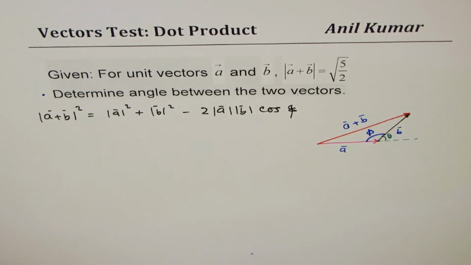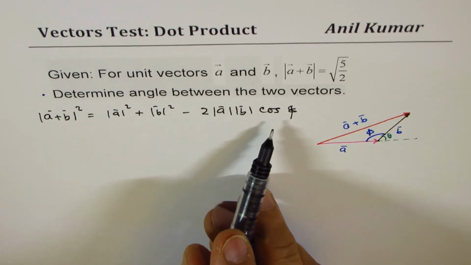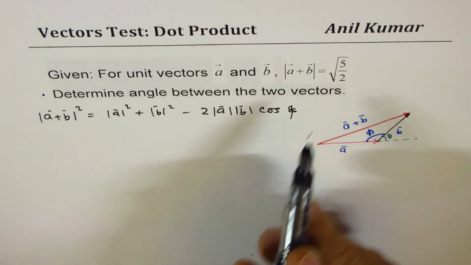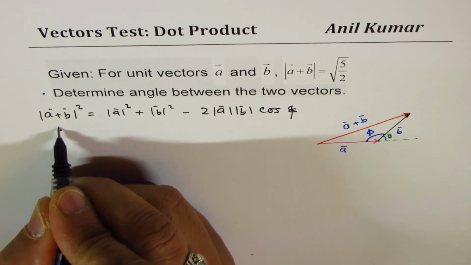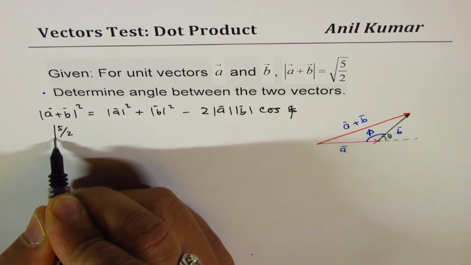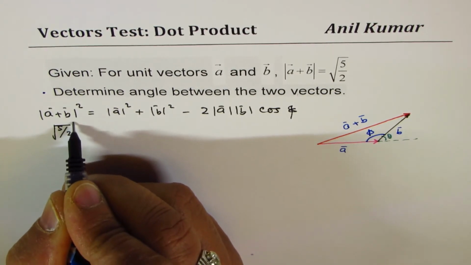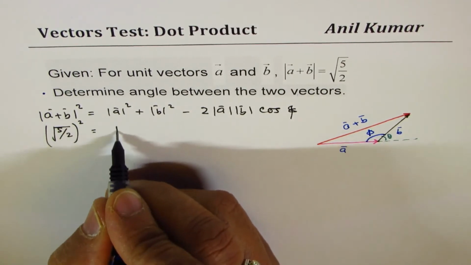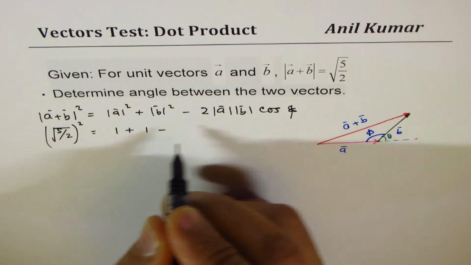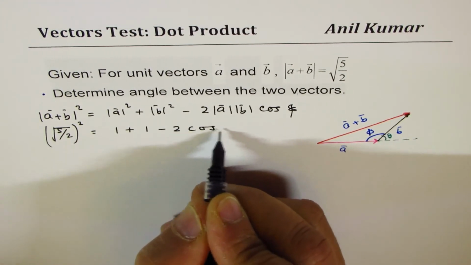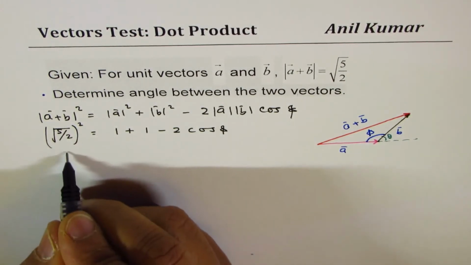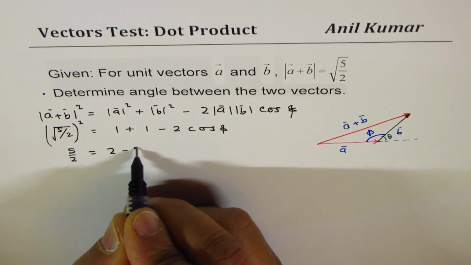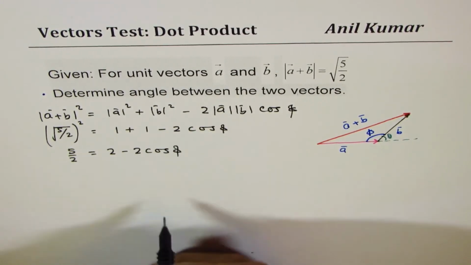You get an idea, correct? So that is what relates them. Now a plus b whole square is 5 over 2, since the magnitude is the square root of 5 over 2 and we have to square it. Perfect. Magnitude is 1, so we say 1 plus 1 minus 2 cos phi. Correct? Now this is 5 over 2, which equals 2 minus 2 cos phi.